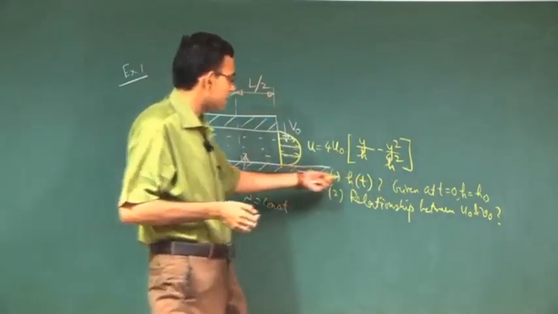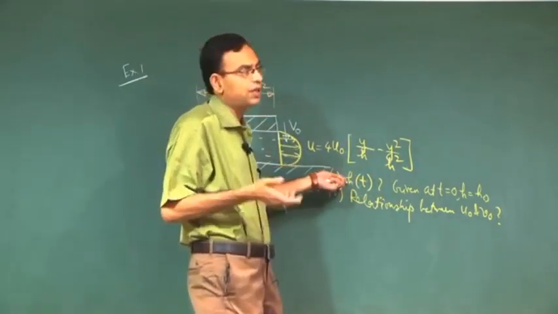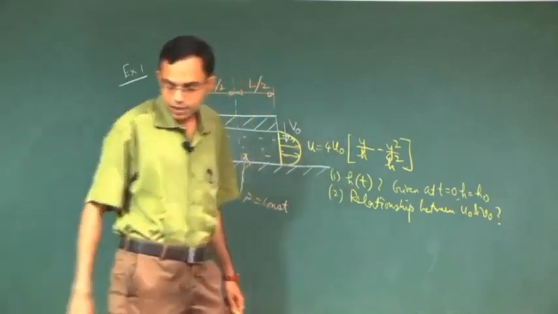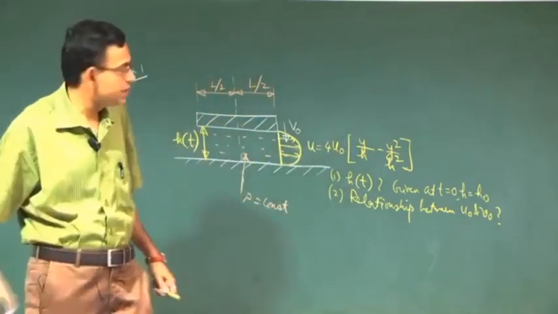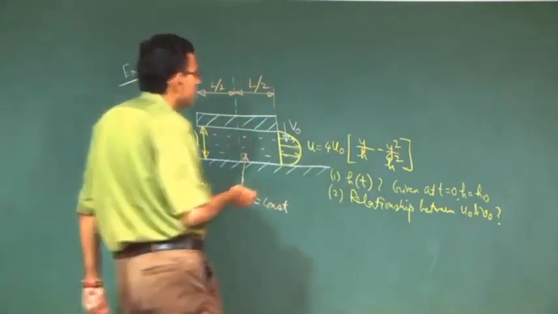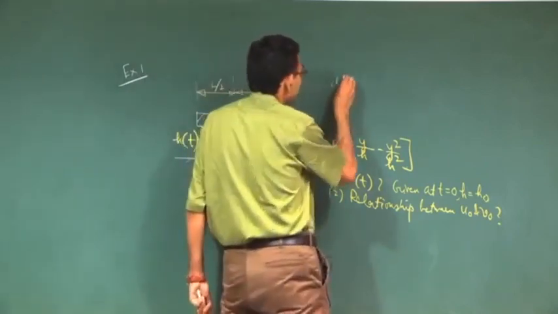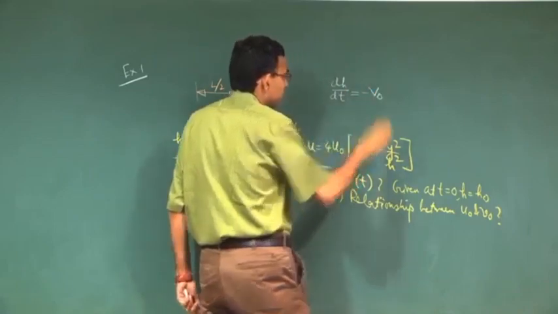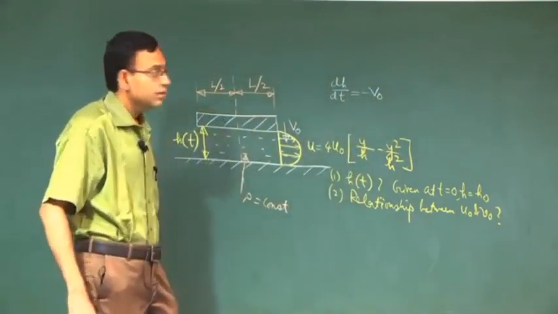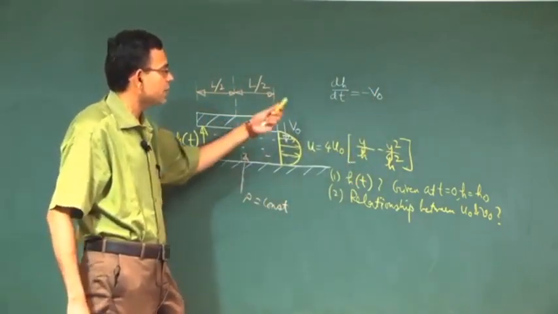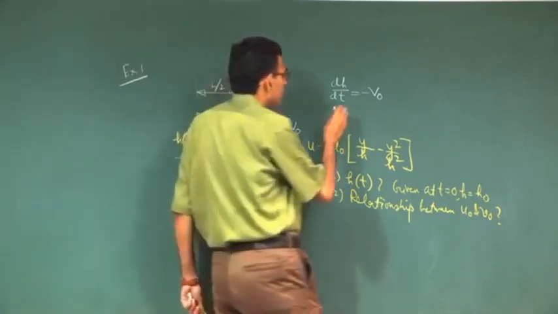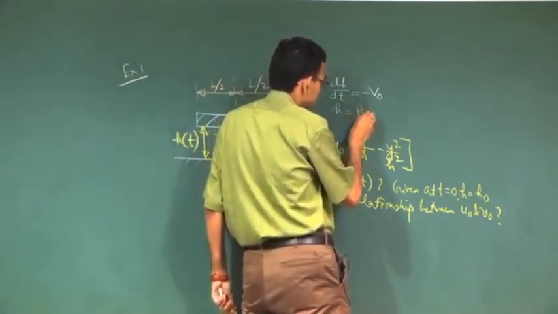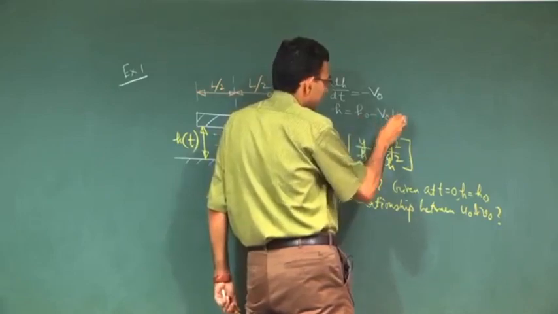The first part is very straightforward and for that we apply the common sense principle that dh/dt is equal to minus V0, because at time equal to 0 h is equal to h0. So integrating this you will get this one.